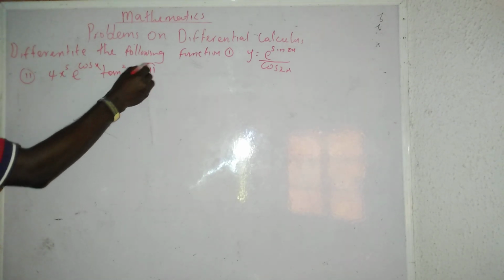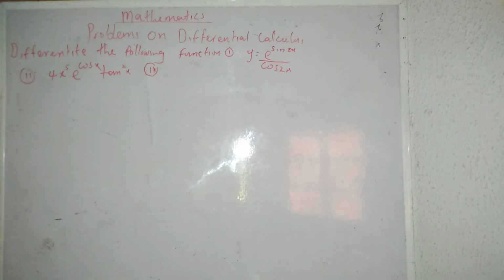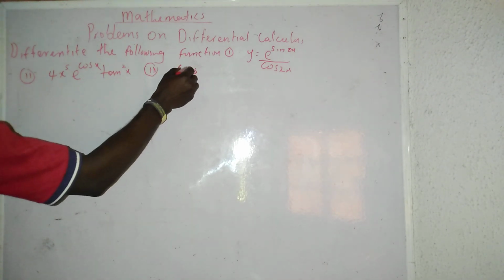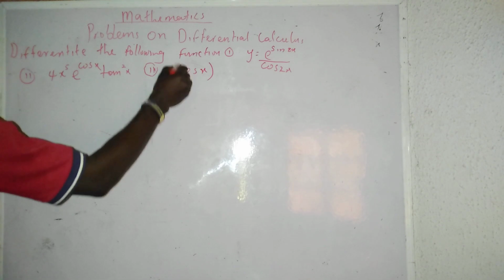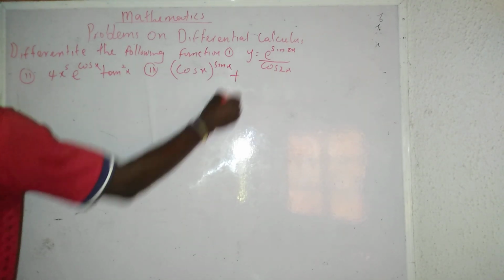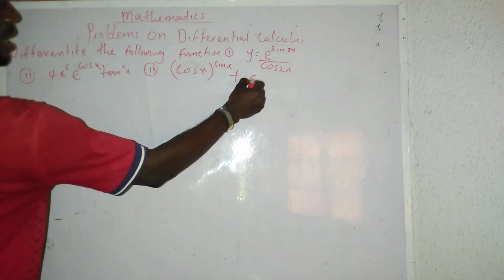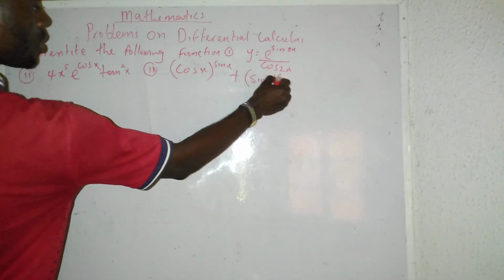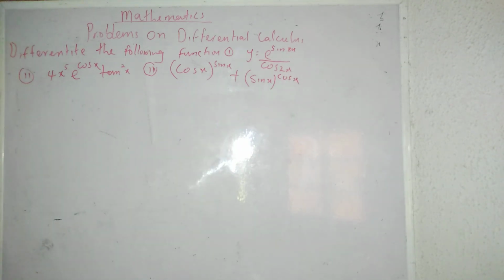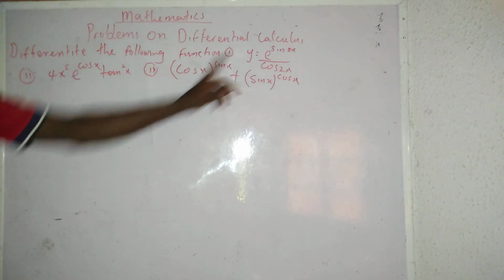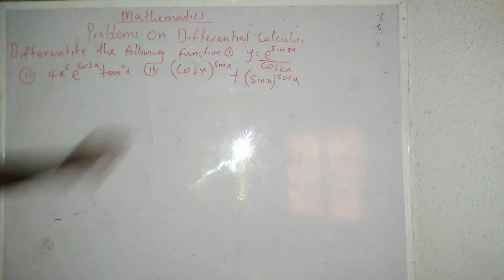And the last one is cos x powering sine x plus sine x powering cos x. Now, I want to differentiate these 3 problems. I have the first one, the second one, and the third one.